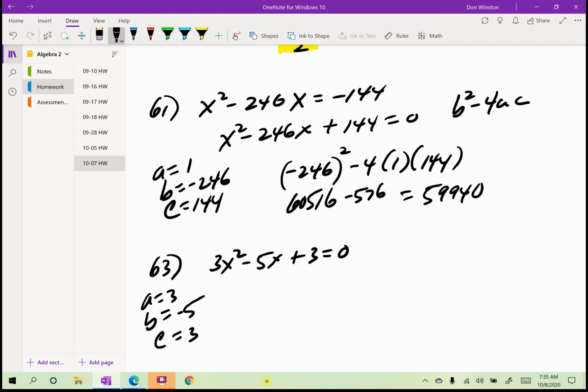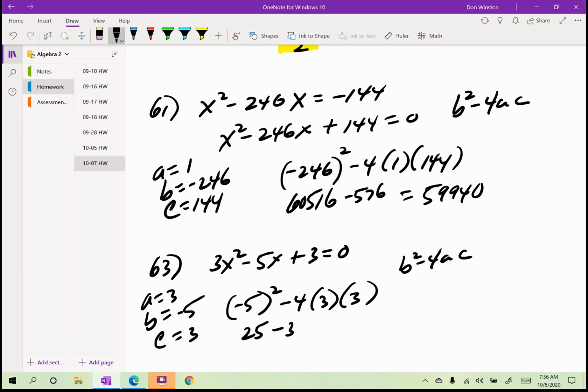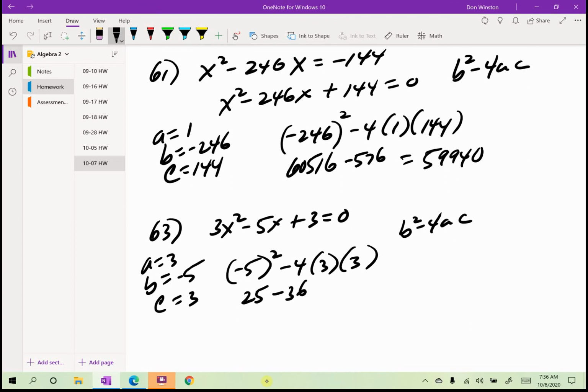So the discriminant will be b squared minus 4ac. So we have negative 5 squared minus 4 times 3 times 3, which would be 25 minus 36, so that would be negative 9. So we'd have non-real solutions. Okay? We'd have two non-real solutions there.